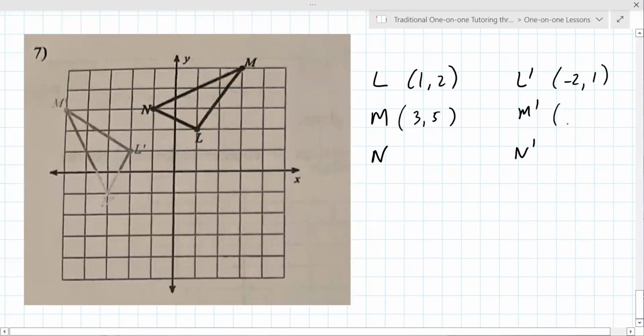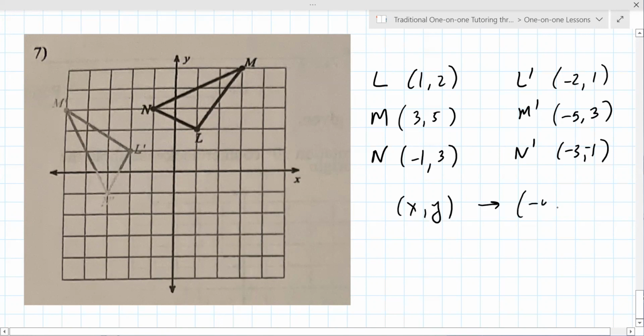And then M prime is -5, 3. N is -1, 3. N prime is -3, -1. And these are all, again, xy to -y, x, like that.